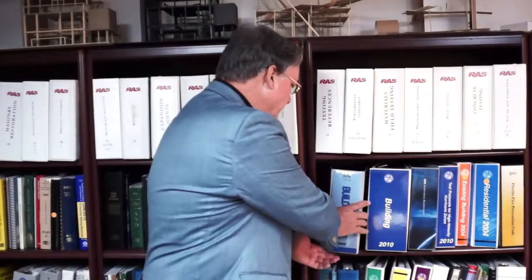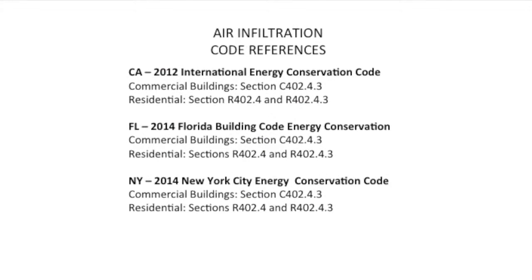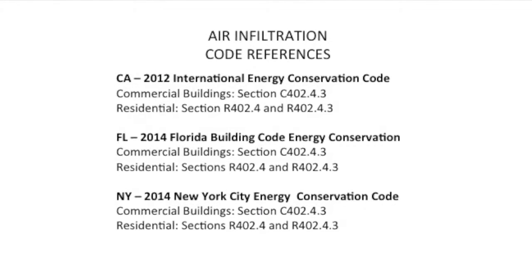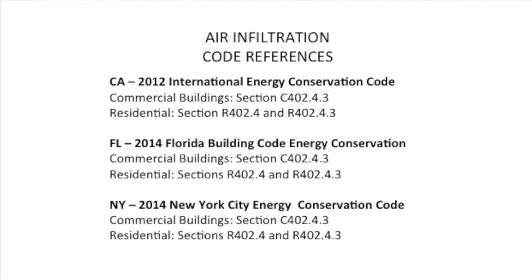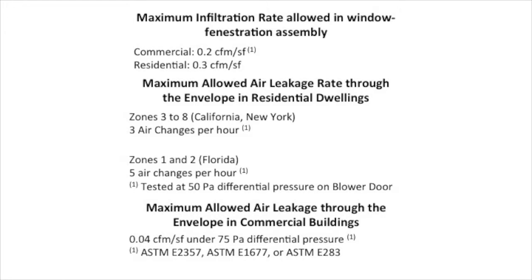Now, let's take a look at the building code. Maximum allowed air infiltration in buildings is ruled by the three major building codes: California, Florida, and New York. The maximum infiltration rate allowed in windows varies if it's a commercial or residential building.